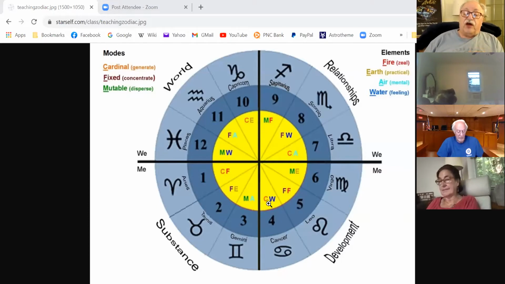And the cardinal signs are the real major changes in the zodiac. So now you've gone from this quadrant to this quadrant, and instead of giving out air, now you're concerned with cardinal, maintaining, generating emotions, or family, generating love, generating home, nest.